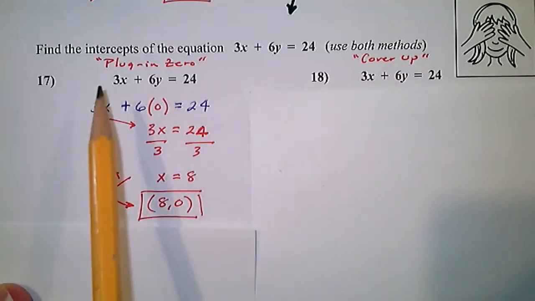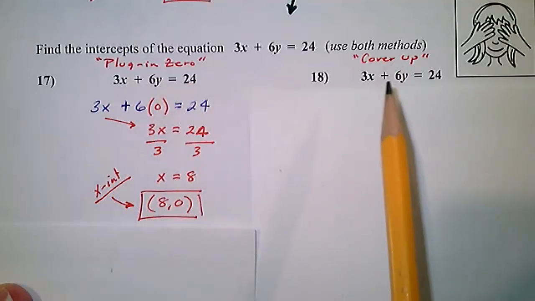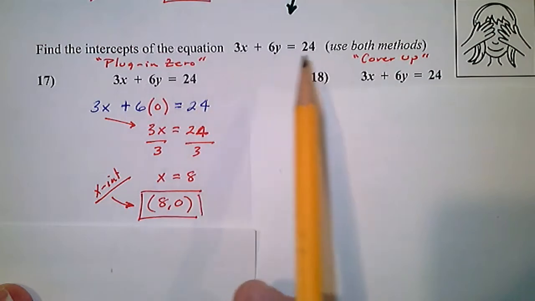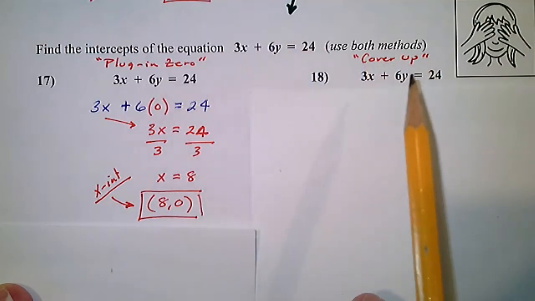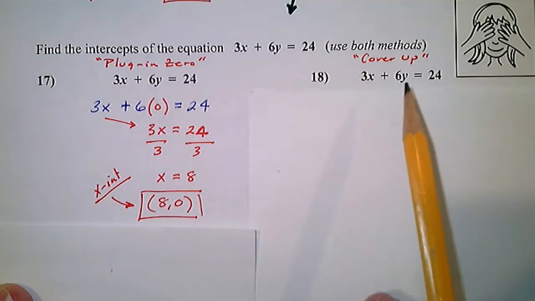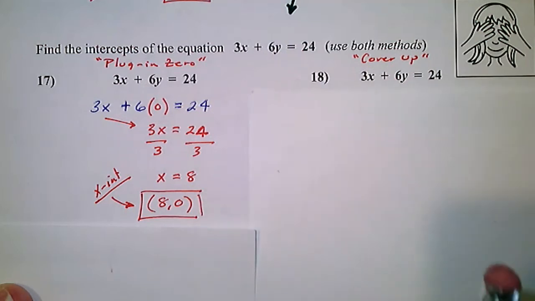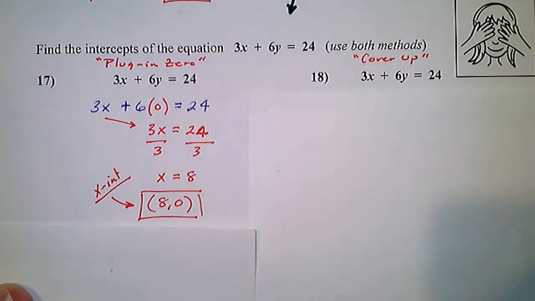This time, it's the same equation, 3x plus 6y equals 24. It's the same equation right there. But this time, let's practice the cover-up and let's find the y. So if I want my y-intercept, then that means I'm going to cover up the x. I'm going to do the opposite.